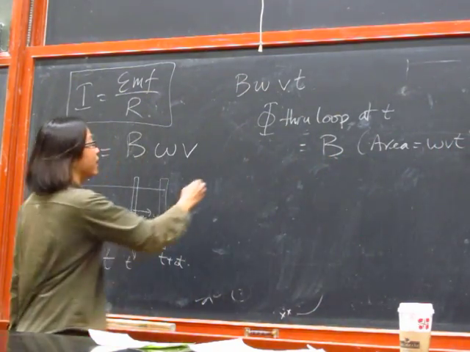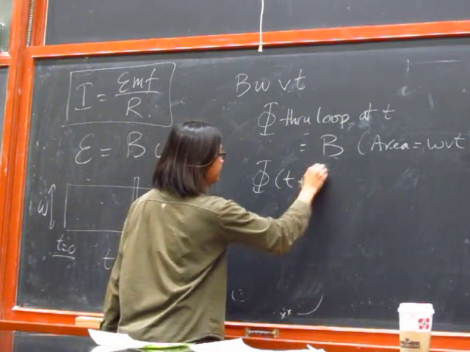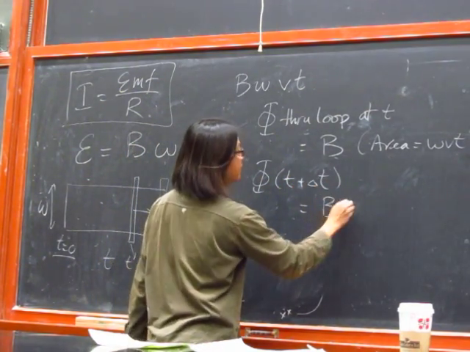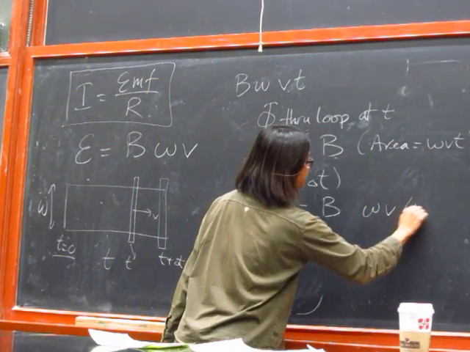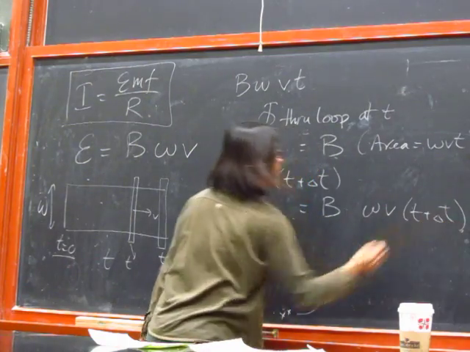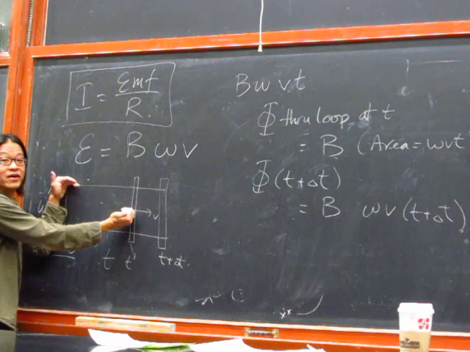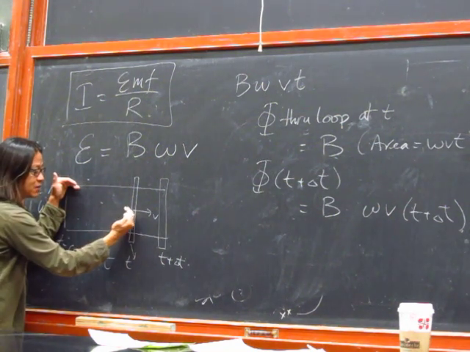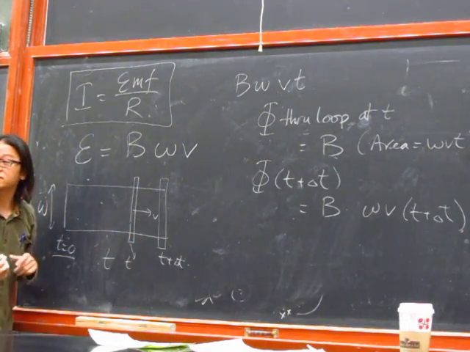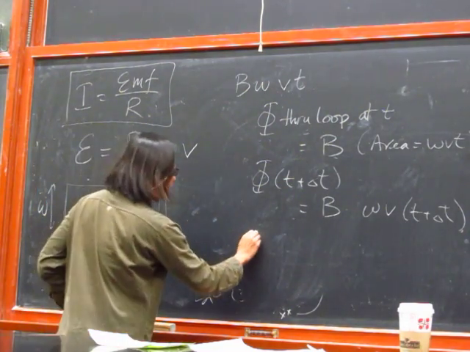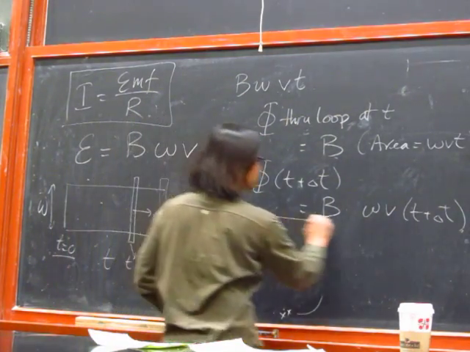And then the flux at time t plus delta t is given by B W V times t plus delta t. As I move the position of the rod to the right, there is an increase in the flux, and the increase in the flux, delta phi, is just the difference between these two.